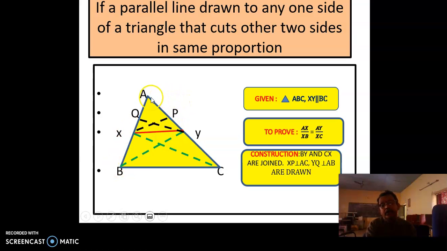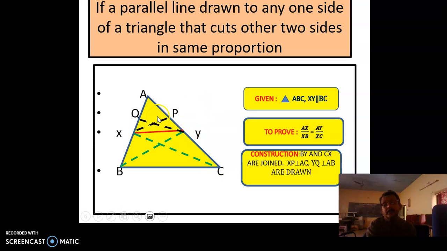Similarly, second part, consider triangle AXY and triangle XYC. Take area of triangle AXY by area of triangle XYC: half base AY into height XP, by half base YC into the same height XP.